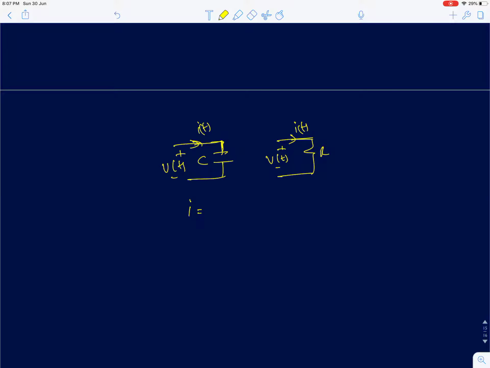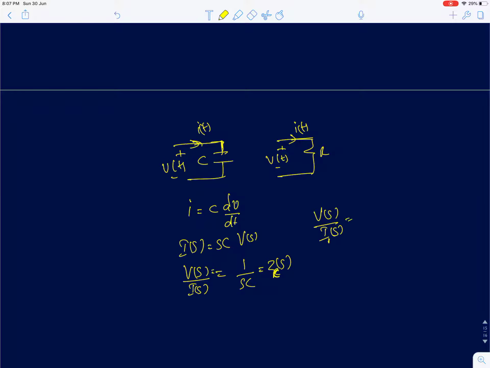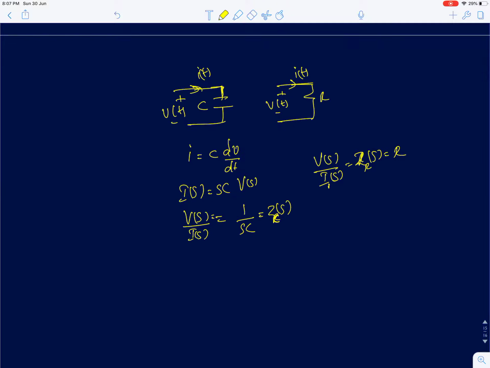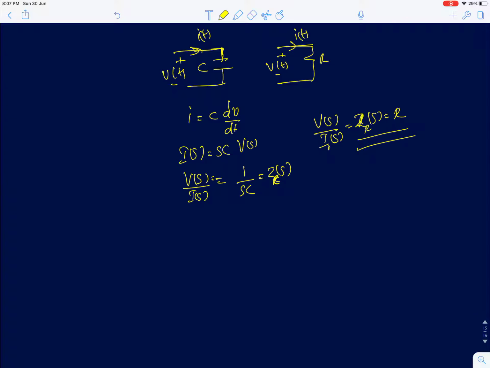Now we know I is given by C dV by dt. If I take the Laplace transform on both sides, I get I of s equals C times s times V of s. So V of s by I of s is called impedance, which is 1 by sC. Similarly, for a resistor, ZR of s is going to be R. You can derive this with a very simple equation.